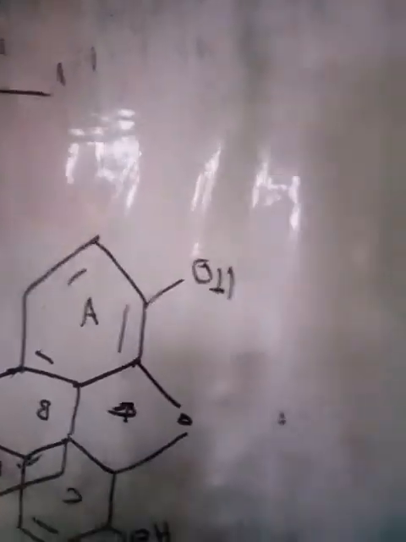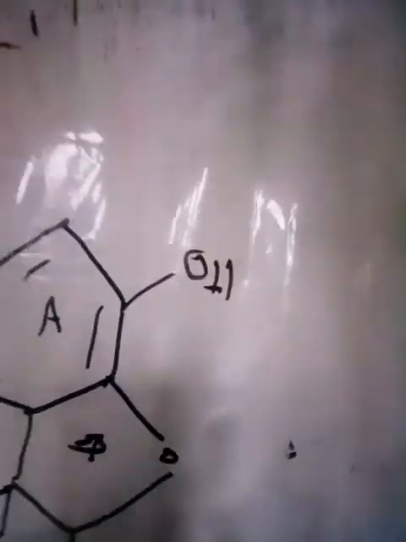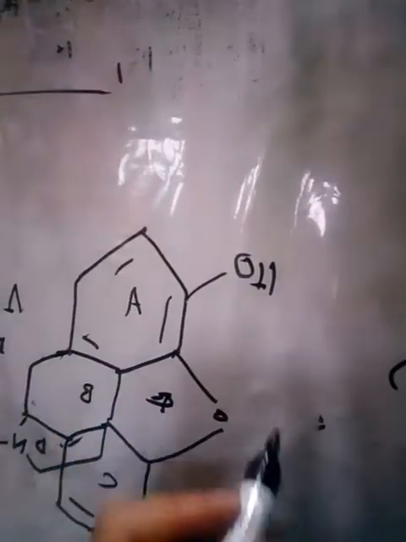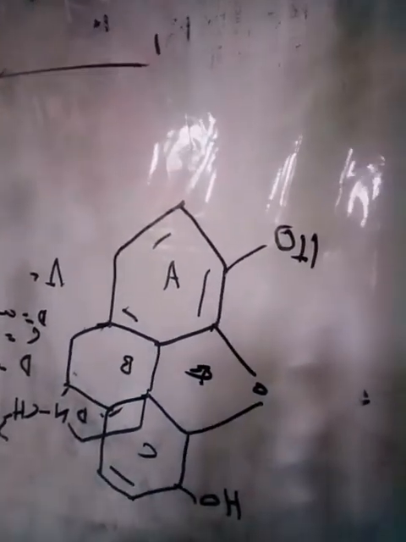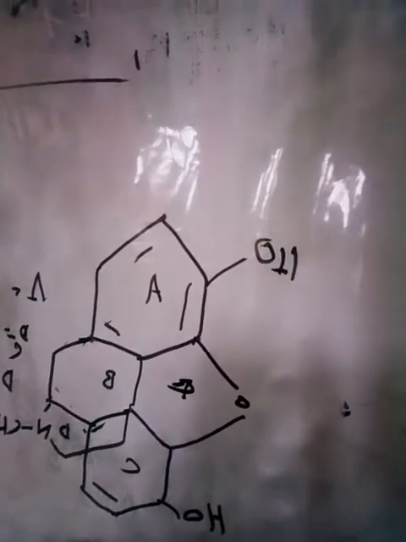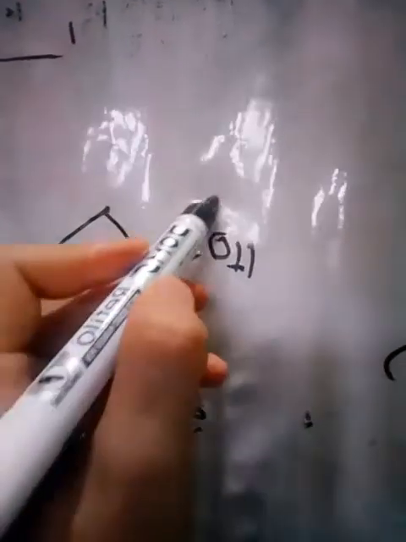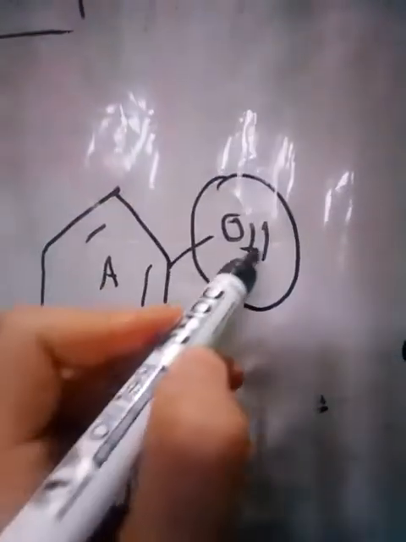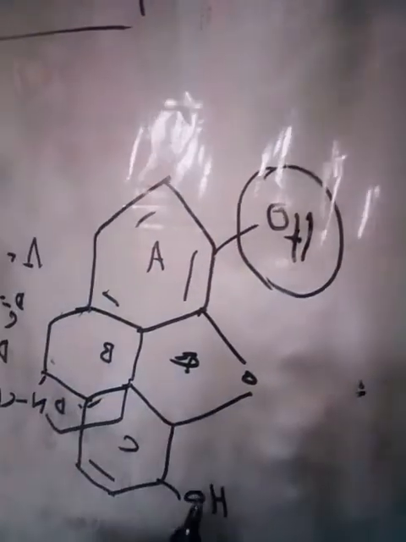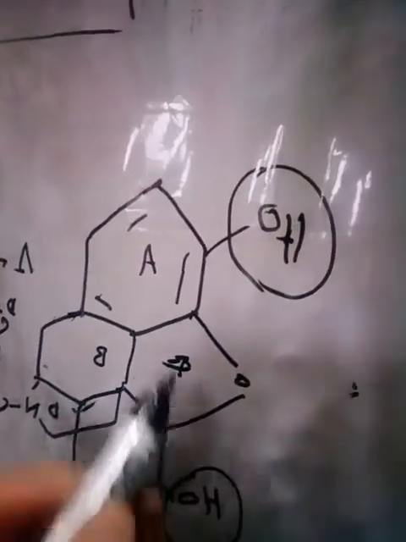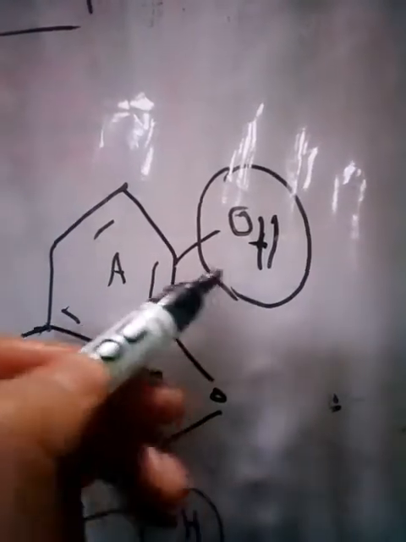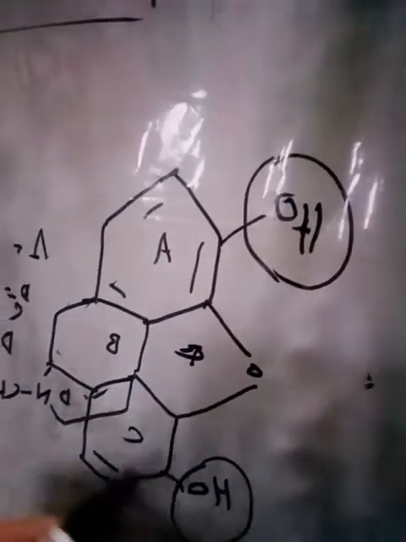If we make some changes, you should know that the pharmacological activity of morphine is related to these structures. It is based on this hydroxyl group, the phenolic hydroxyl group, and this other hydroxy group.